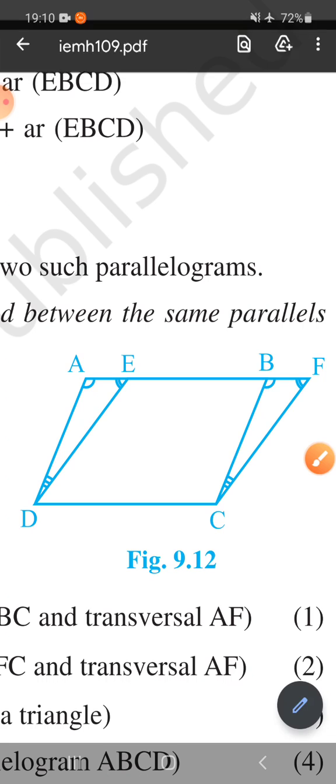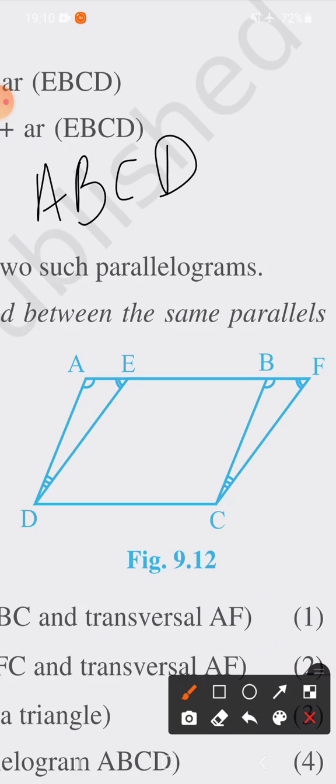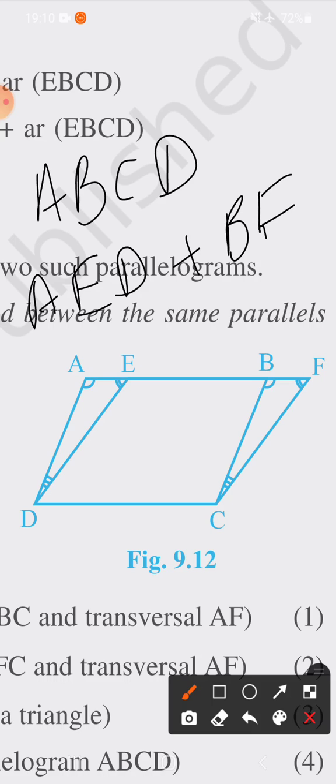Now, considering the parallelogram ABCD, its area can be written as the area of triangle AED plus the area of quadrilateral BECF plus the area of quadrilateral EBCD, right? The sum of the areas of 1 and 2 will give us the area of the parallelogram.